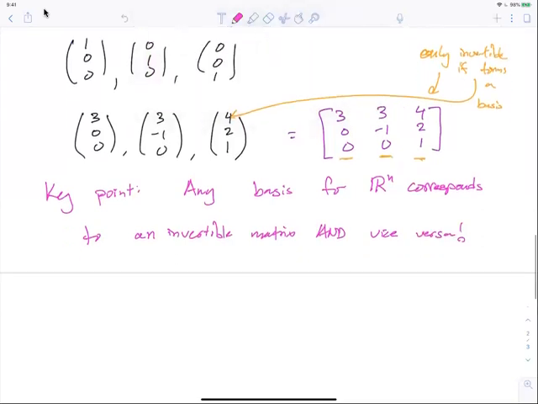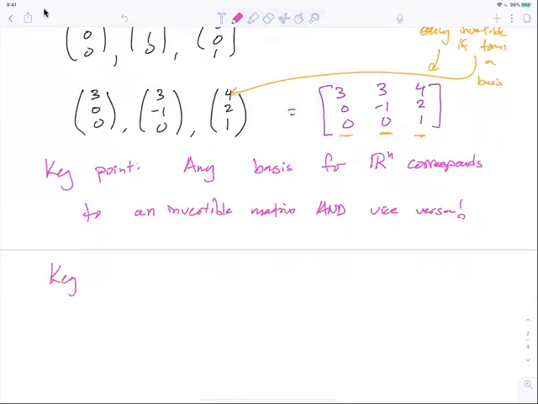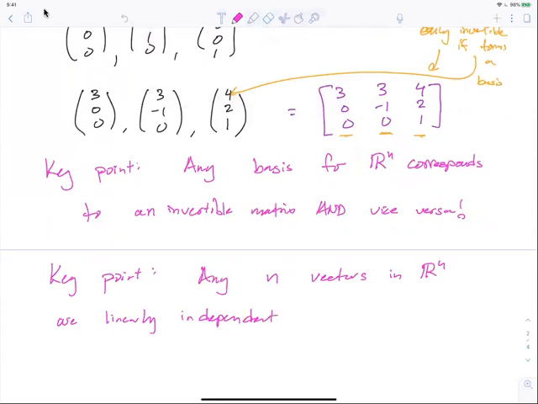And another key point is that any n vectors in Rn are linearly independent only if they form a basis.